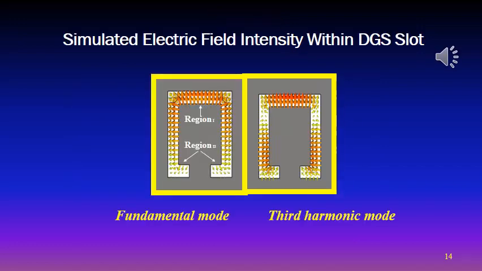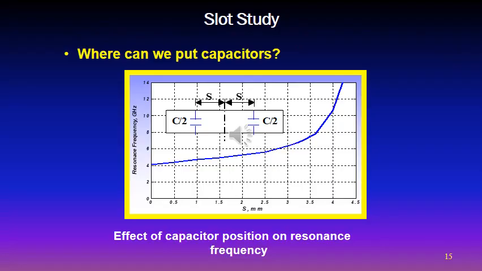The distribution of the electric field within the defected ground structure slot depends on the operating frequency. The lumped capacitor has its maximum effect at the position of the maximum electric field. As the capacitor is shifted from the center of the slot, its effect is reduced.